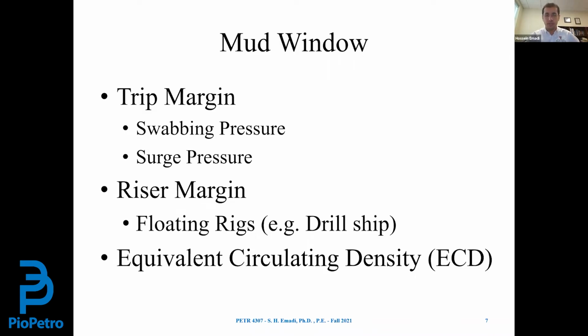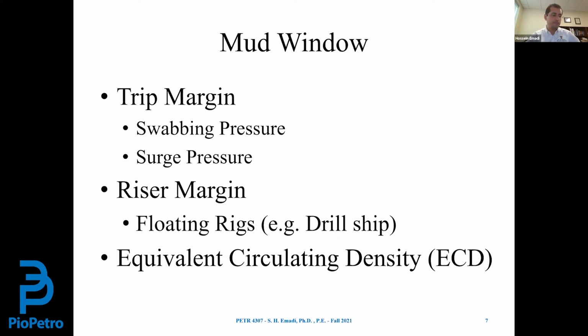Then we need to take into account the riser margin. This leads to another important concept, which is equivalent circulating density, or ECD. Basically, ECD is the downhole pressure divided by 0.052 times TVD.